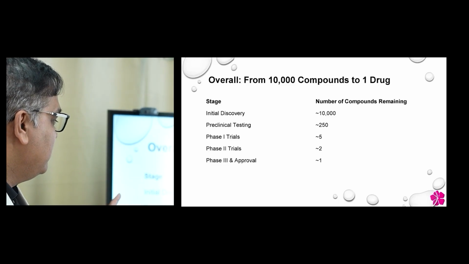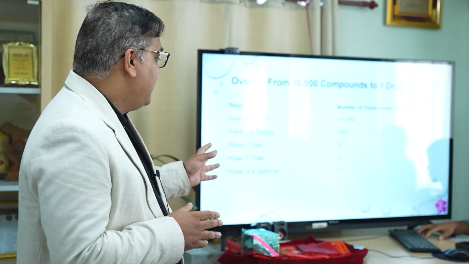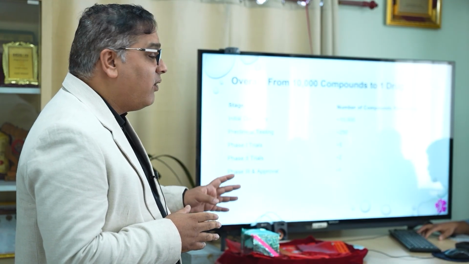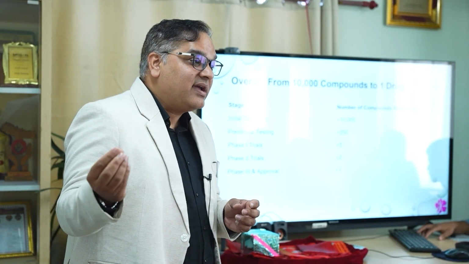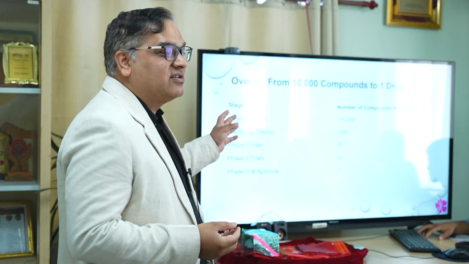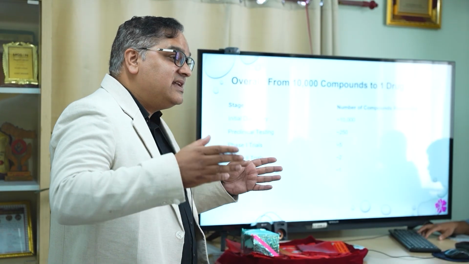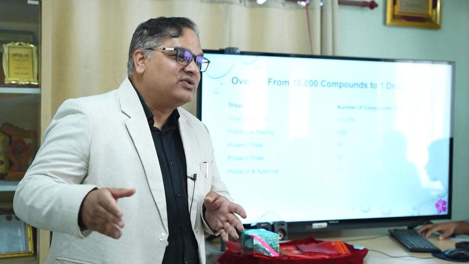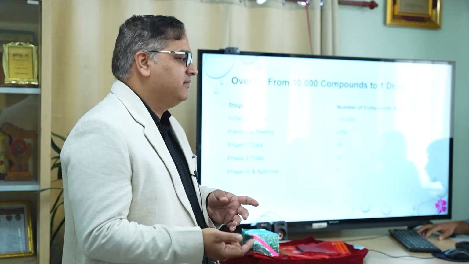Then 250 go into preclinical testing, 5 go into phase 1 trial, 2 into phase 2 trial, and only 1 into phase 3 trial. So yes, there is a new drug in the market, but look at the amount of research going on behind it. There are 9,999 compounds which have been rejected, and then only we have 1 compound which actually works. Next.